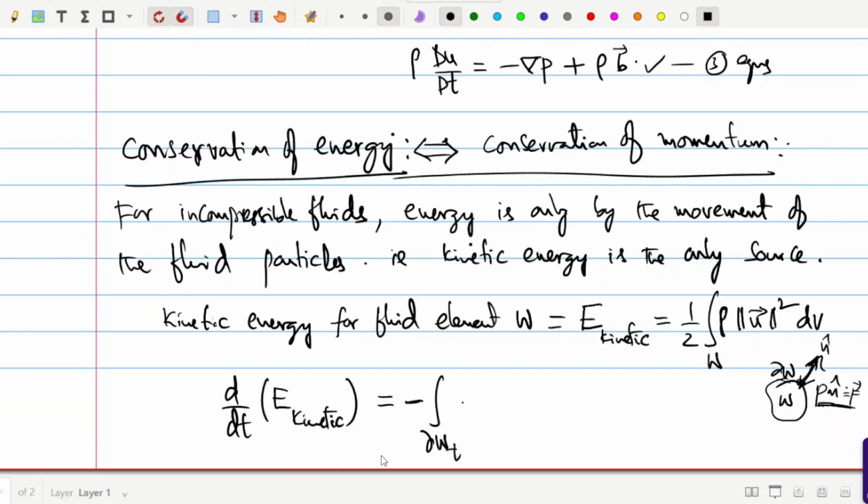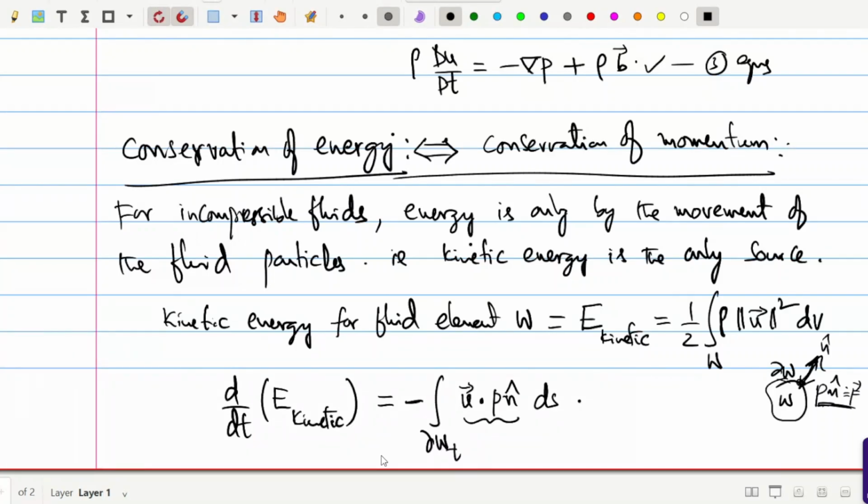Let me write. If you write this, you will understand. So u, the vector, dot product with this P n-cap, integrated over dS. So this F into u means what? F into dx by dt, right? F into distance rate of change, the rate of work, right? That's what it means, right?